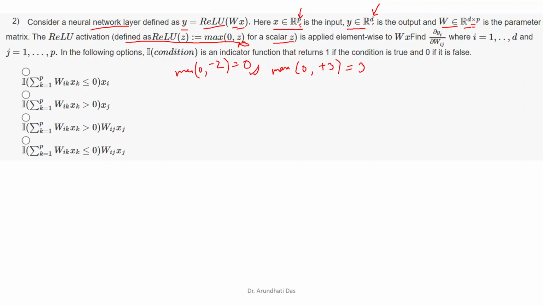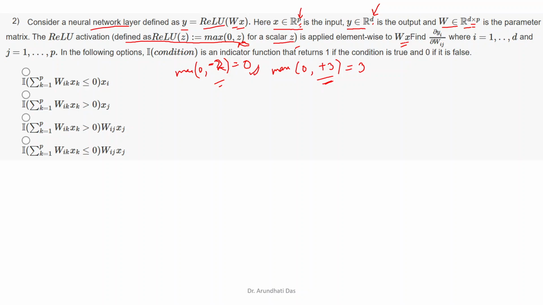So you can see that ReLU will vanish all the negative values, whereas it will retain the positive values. And we apply the ReLU function for each and every hidden layer.